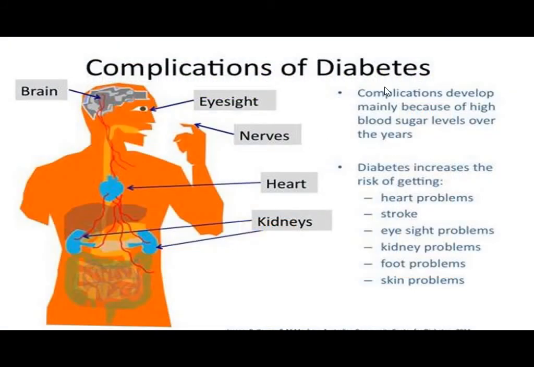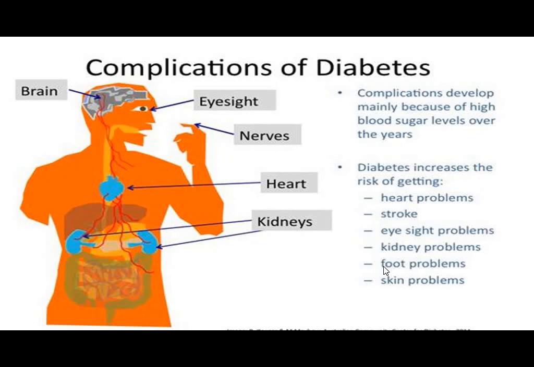Okay, some of the complications from having too much sugar build up in the blood are heart problems, strokes, and eyesight problems. People with diabetes have to have their eyes tested every year. They can go blind. Kidney problems can cause a person to need to go on dialysis. The kidneys have been overused because of the amount of work they're doing on what's in the blood, because the pancreas isn't breaking that down.